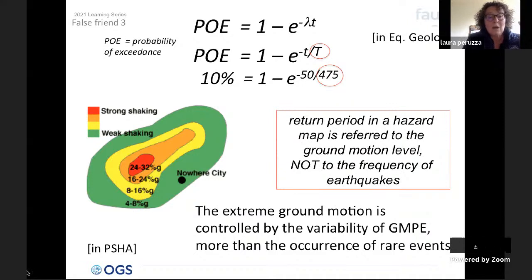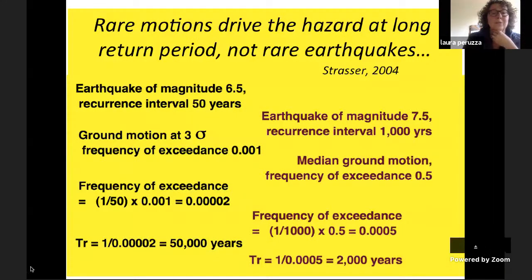The extreme ground motion is not controlled by the occurrence of rare events, but more by the variability of the ground motion prediction equation. To show you an analytic example, I resorted to a slide given by Strasser in 2004, where she listed two simple cases to demonstrate that rare motions drive the hazard at longer return periods, not rare earthquakes. So, a magnitude 6.5 with a recurrence interval of 50 years.